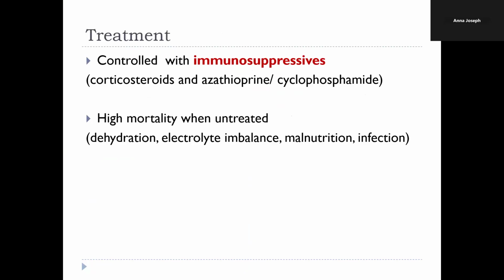Treatment involves control with immunosuppressives, at first level steroids, both intravenous steroids, as well as immunosuppressives, namely azathioprine and cyclophosphamide. There can be a high mortality if pemphigus is left untreated. This can be caused by excessive fluid loss and infections caused by rupture of extensive vesiculobullous lesions. This can result in dehydration, electrolyte imbalance, malnutrition, and severe infections.